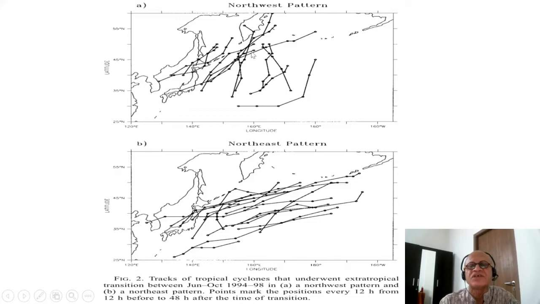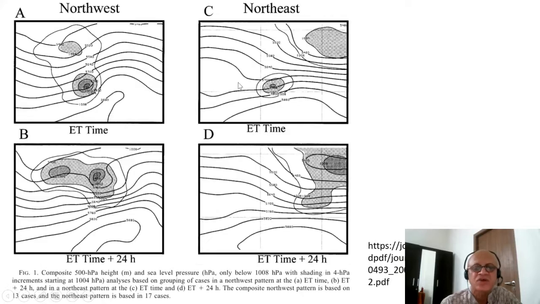So you can see that just in terms of the numbers we cannot say much. These go much more systematically eastward and weaken, whereas these go much more northeastward, let's say, and they re-intensify. So there is definitely that systematic dependence on these mid-latitude patterns that are called northwest and northeast.